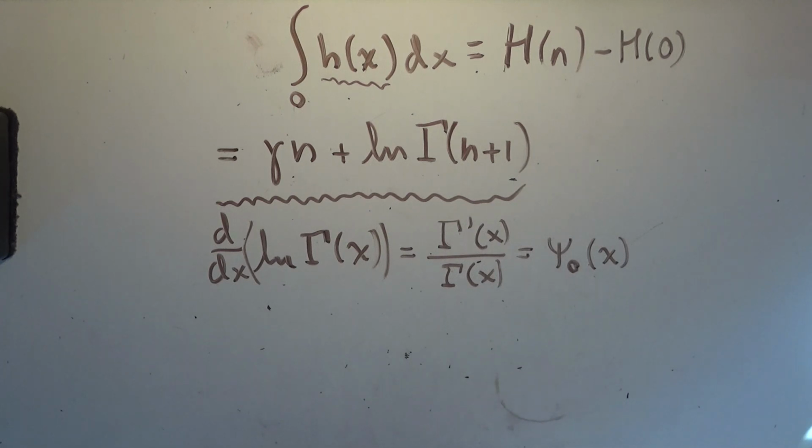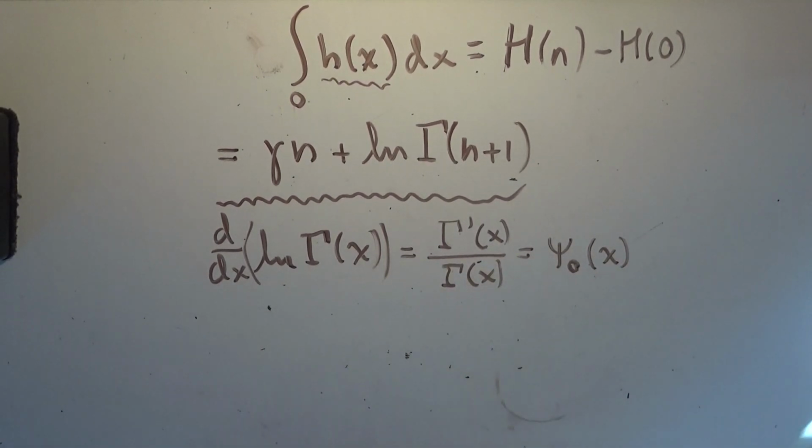And can we recall when the gamma function is undefined? The gamma function is undefined at non-positive integers, right? Which means the original factorial function is undefined at negative integers. It's defined at 0; 0 factorial is 1. So we know where this is going to be undefined.